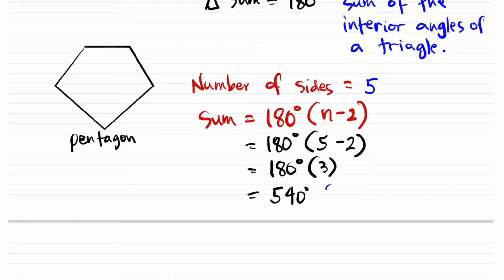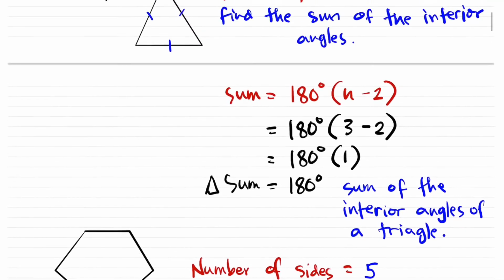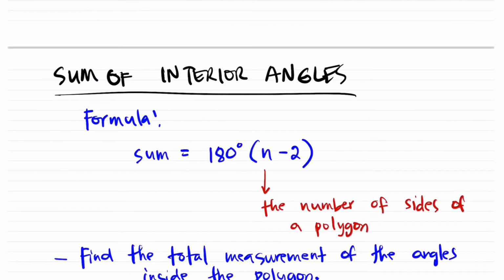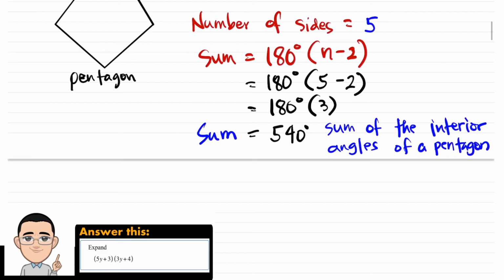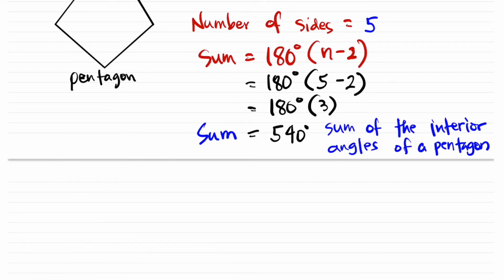This is the sum of the interior angles of a pentagon. That's how we find the sum of the interior angles: we use the formula 180 degrees times n minus 2.